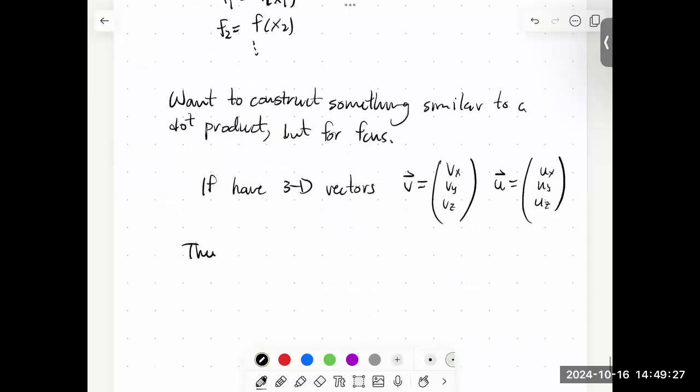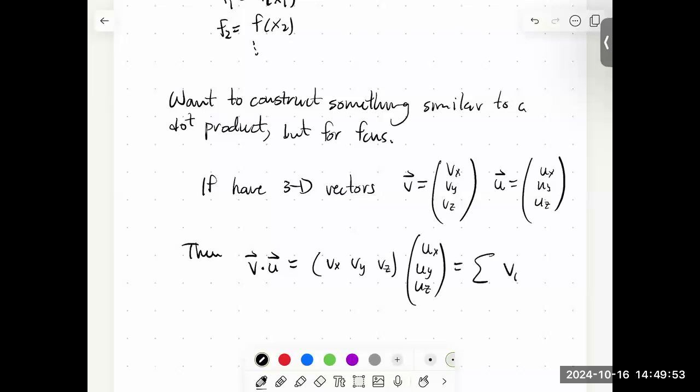We know how to do this dot product. One way to write it in matrix notation is to take a row matrix and multiply it by a column matrix. So you take the transpose of one of the vectors and multiply it by the other. This obviously leads to the sum of v_i u_i, where i is x, y, or z.